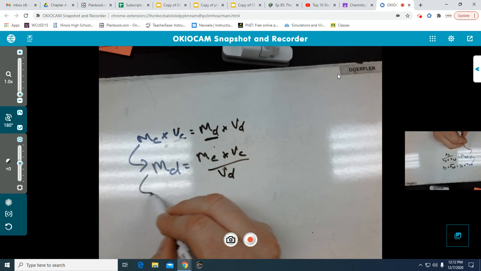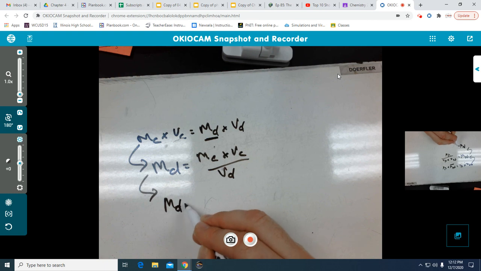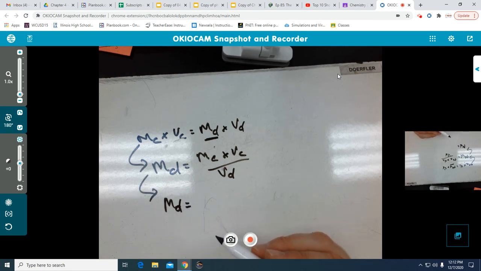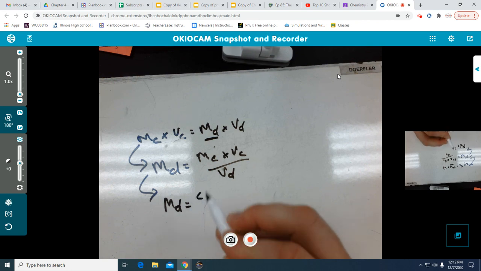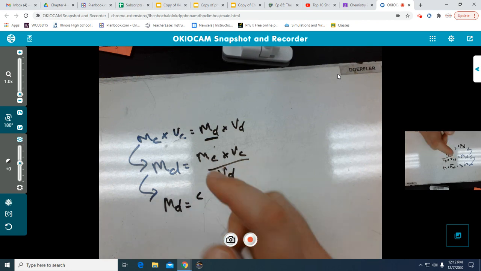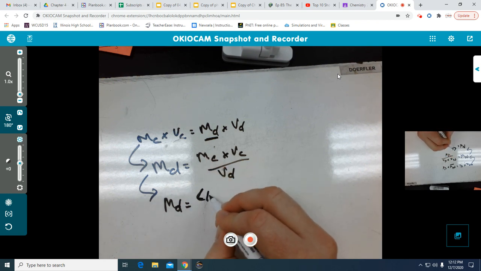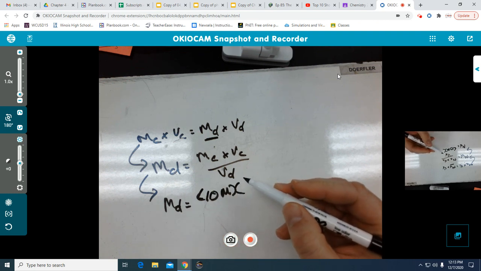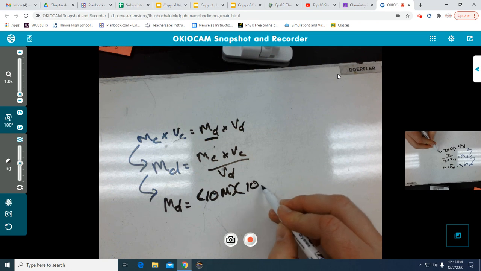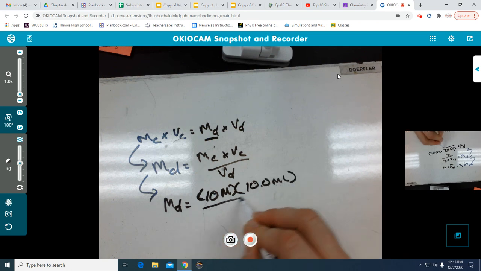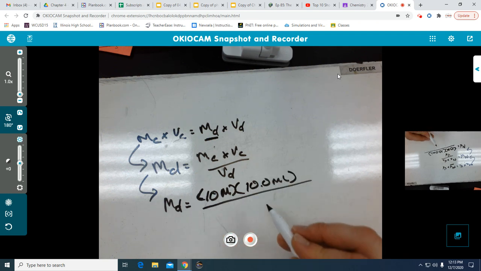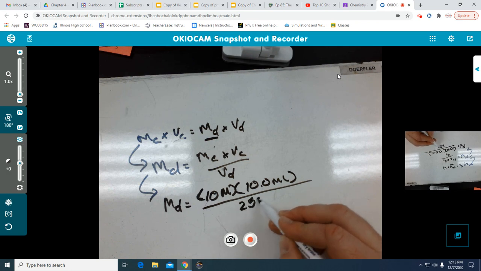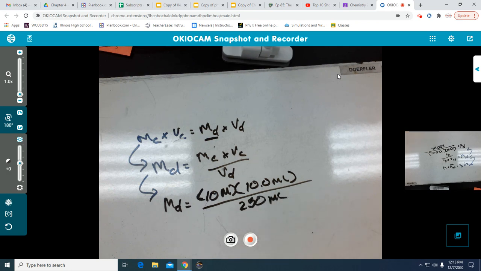And so now we are going to substitute our values in, and we're going to have our initial concentration of 10 molar. We're going to have our initial volume of 10.0 milliliters. And we're going to divide it by our final diluted volume of 250 milliliters.